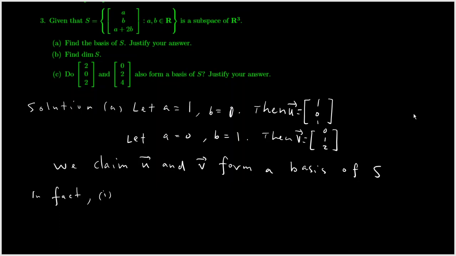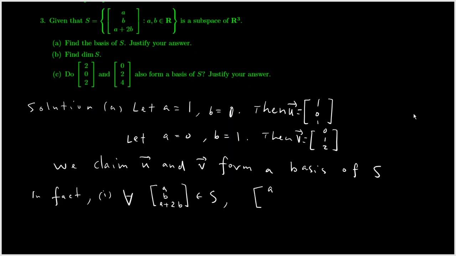For each vector in S, let's say the first component A, the second component B, the third component is A plus 2B. We want to show every vector in S is a linear combination of the two chosen vectors.